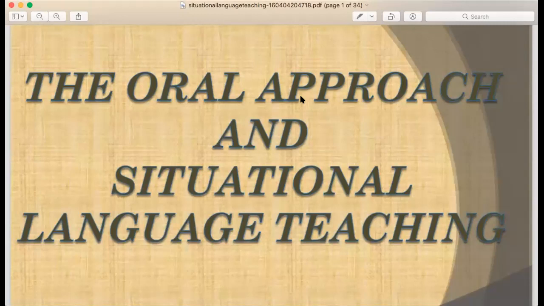Another difference that we will find, and we have already talked about, is that this method is very organized. It comes with its own books, its own dictionaries, and its own grammar books that are developed especially for this method.